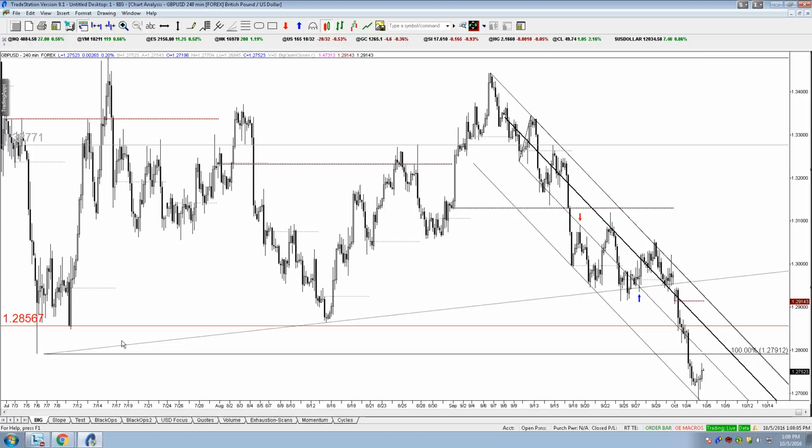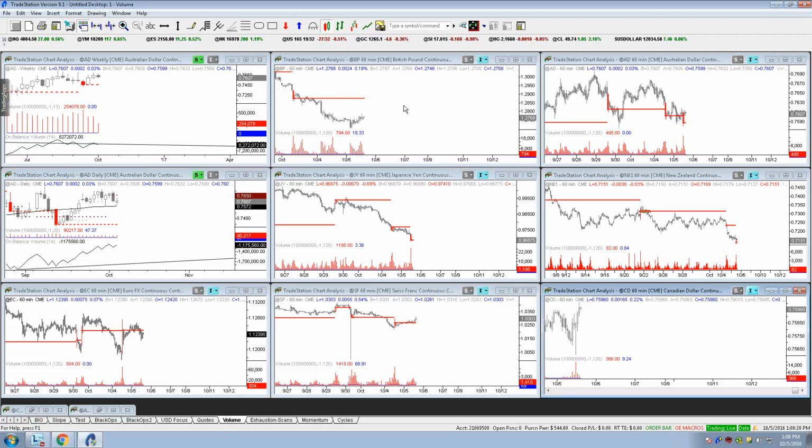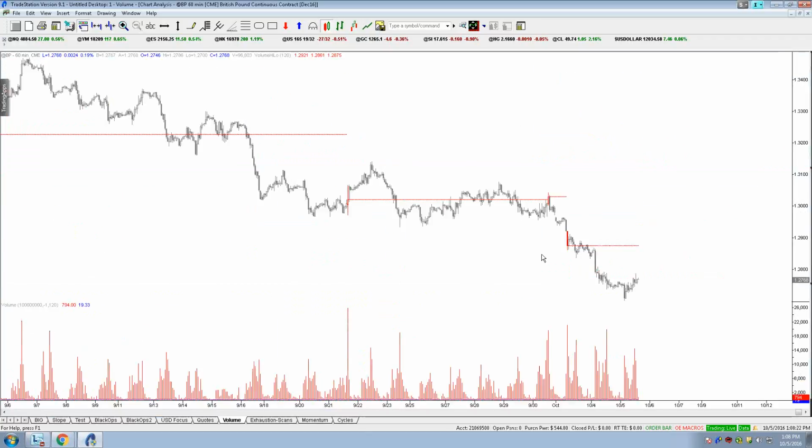Now, the real setup here, Eileen and everybody else, is really to sell a rally into one of these resistance levels, and there's two of them to pay attention to. 28.57 is the most recent high volume level. If I mosey on over to the volume chart, you'll see that right here.